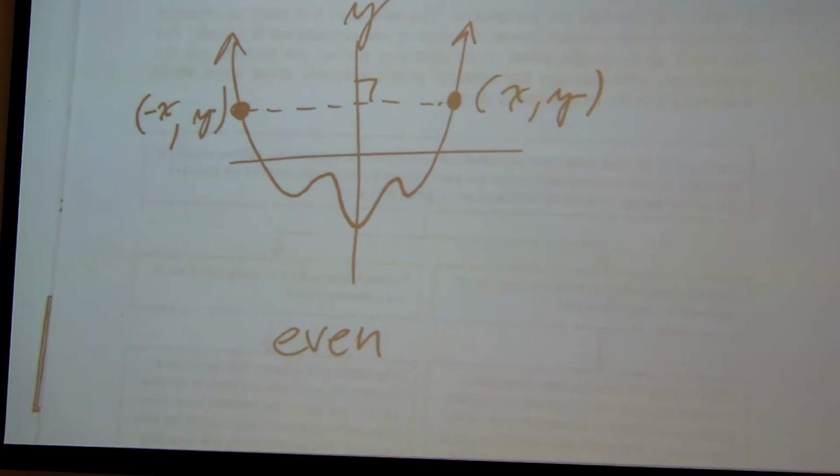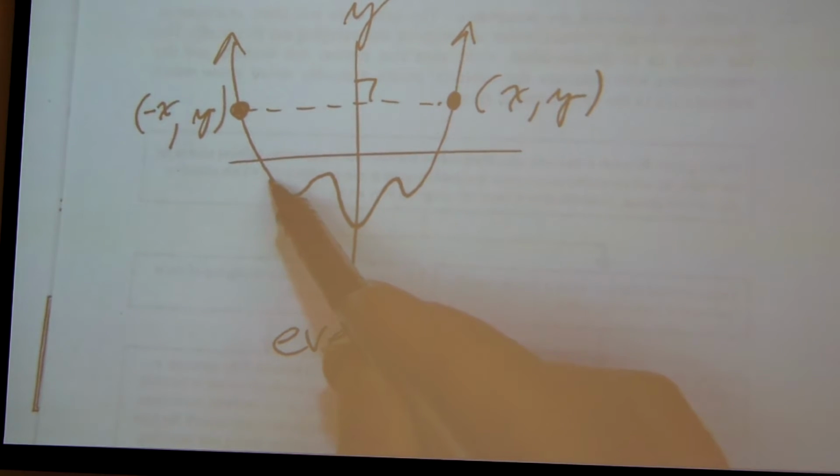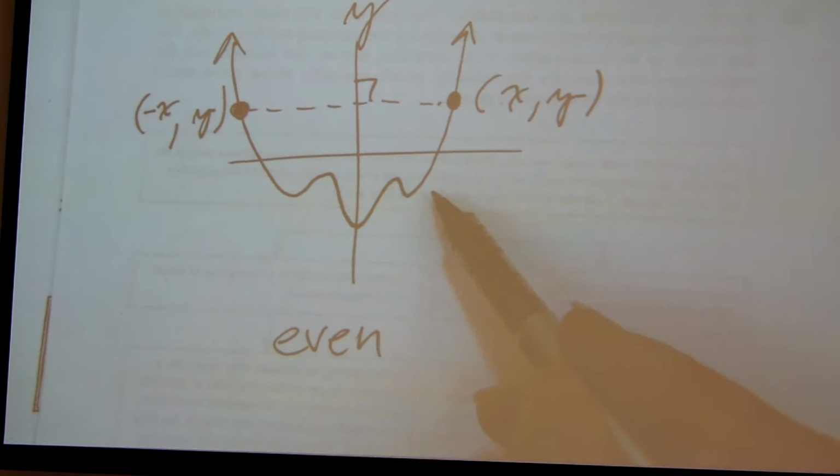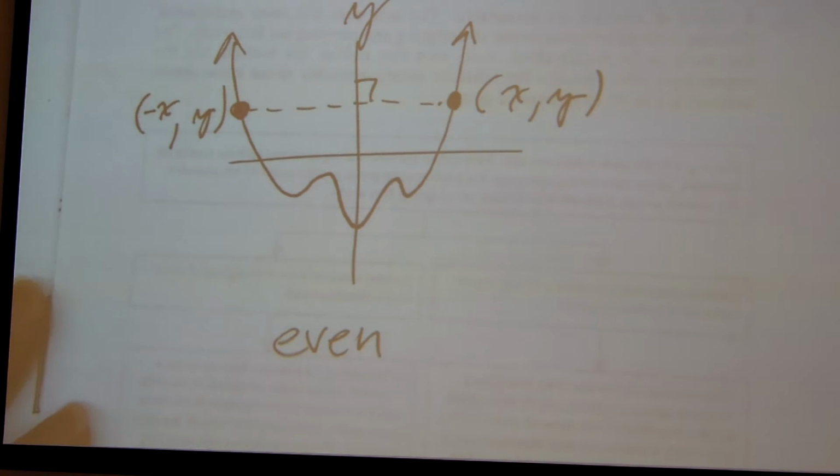If you think about that, you can grab any point, even a point over here in a different quadrant, and there'll be a reflected point on the other side of the y-axis with the same second coordinate, but the opposite first coordinate.